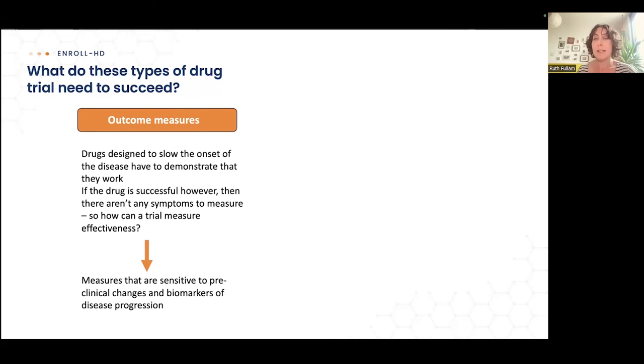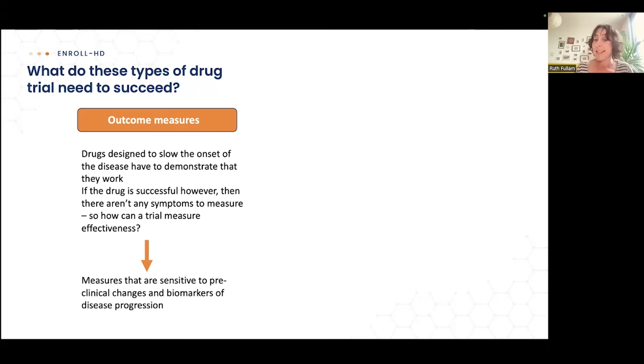And I would say that the vast majority of our measures at the moment measure symptoms. So what do we need for a trial to show that it is actually being successful, that it's actually making a difference to people with HD?